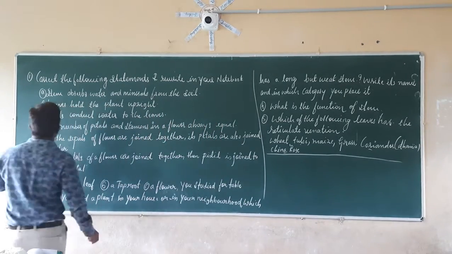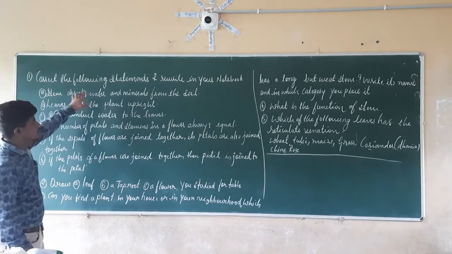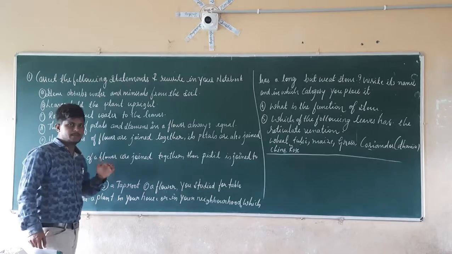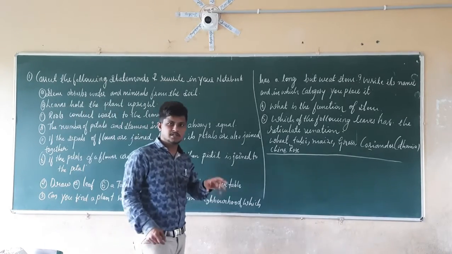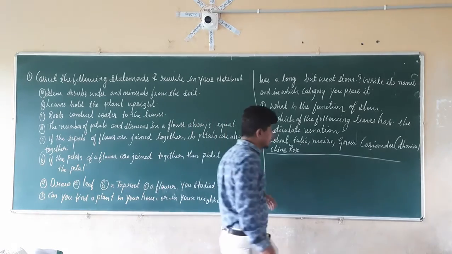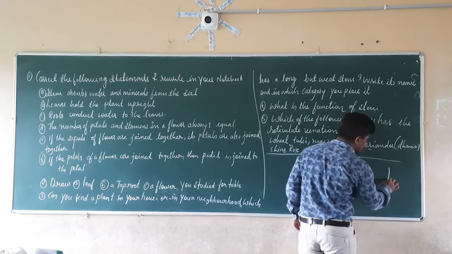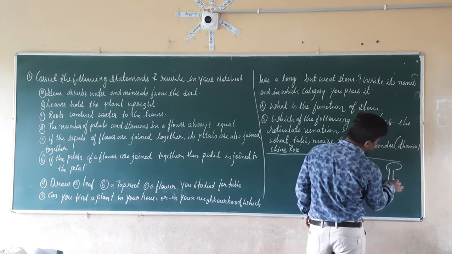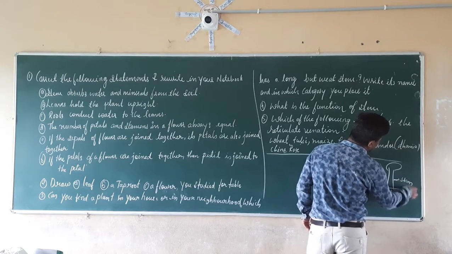Stem absorbs the water and minerals from the soil. Is it right? No, it is not right. If we take the plant, these are the roots and this is the stem.